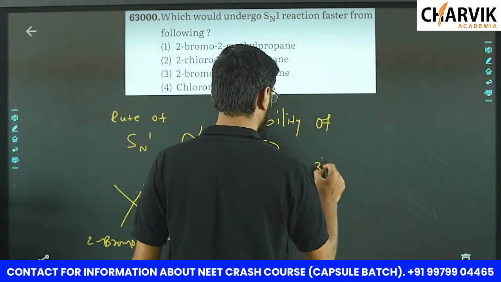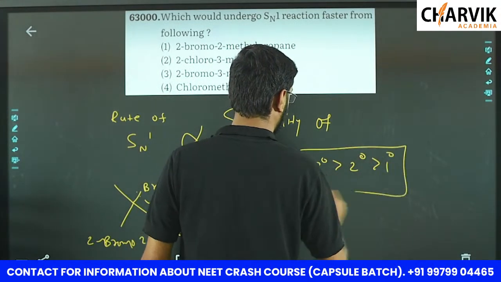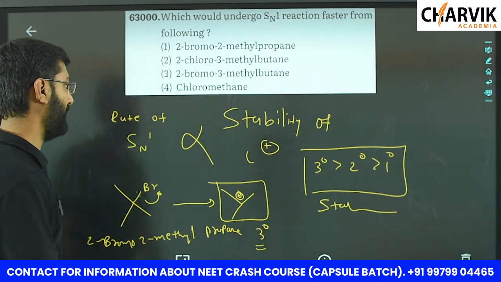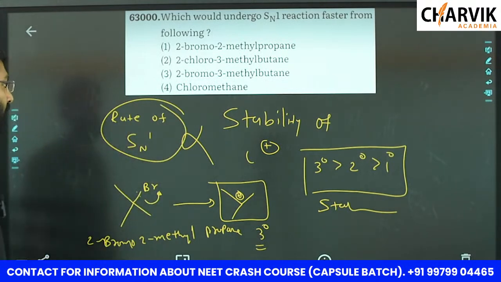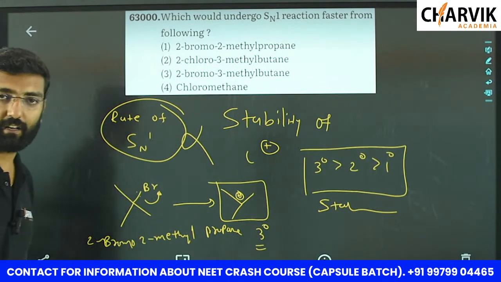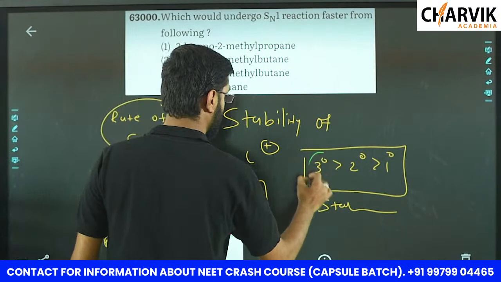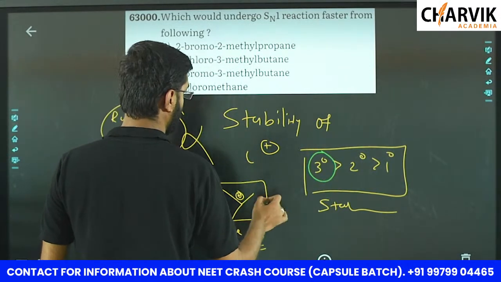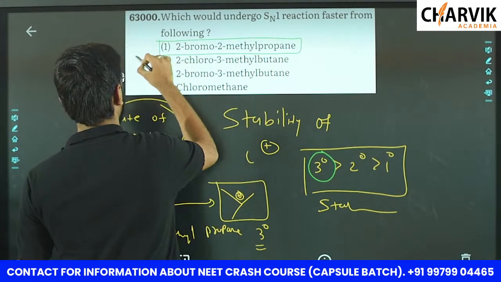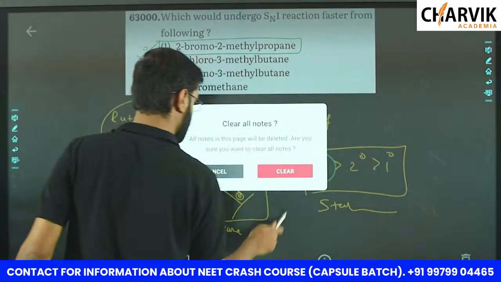And according to your order, tertiary, secondary and primary, this is the stability of carbocation. And according to the rate of SN1 being directly proportional to stability of carbocation, your answer is tertiary carbocation, 2-bromo 2-methylpropane. Okay, simple. A is your answer. Done. Move to next question.